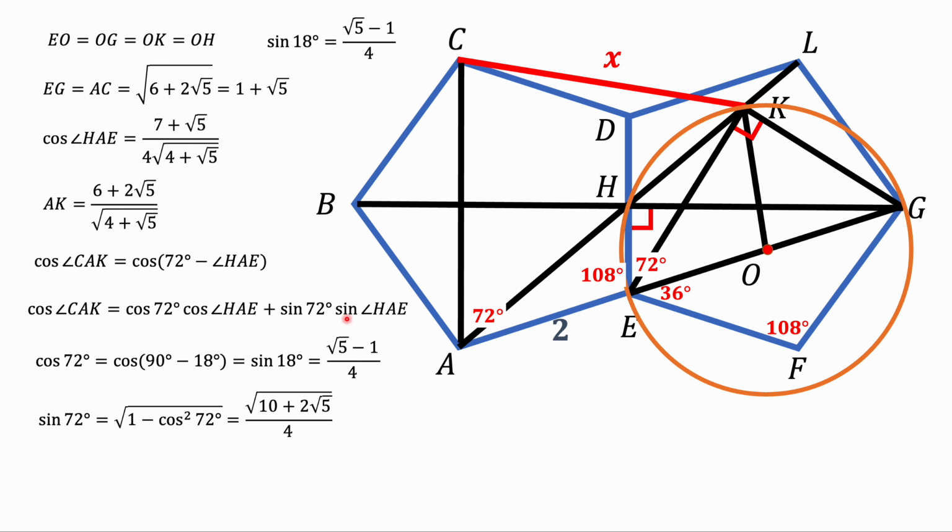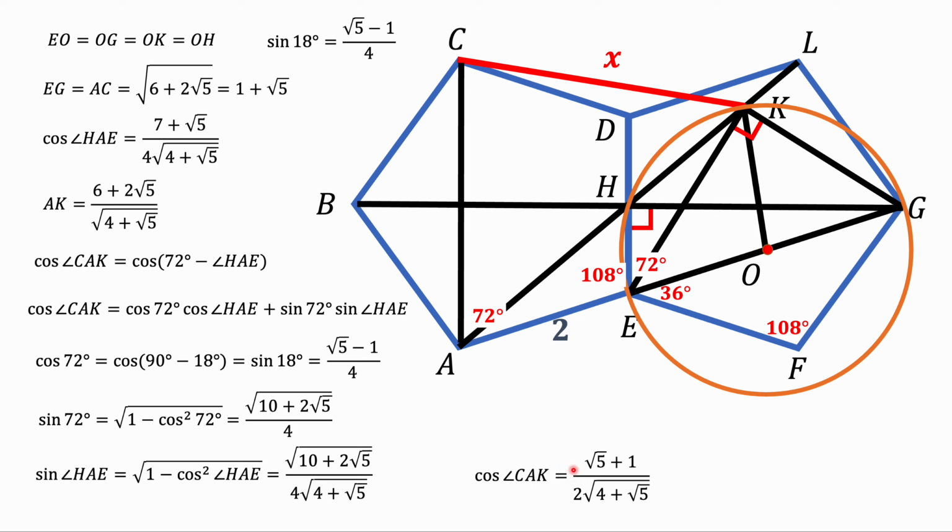We can find the sine of angle HAE in a similar manner because we know the cosine of that angle. And that gives us this complicated relationship. Now we're ready to plug all these values in, and if you do, you're going to find the cosine of the angle we're interested in. And now we're almost done.